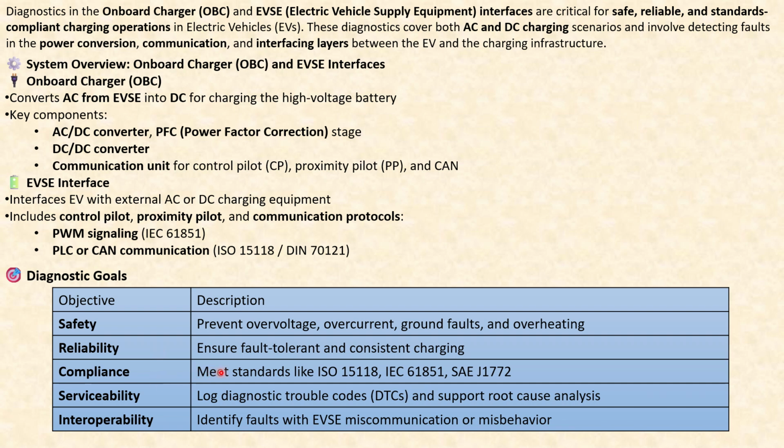Compliance: meet standards like ISO 15118, IEC 61851, SAE J1772. Coming to serviceability: log diagnostic trouble codes and support root cause analysis. And when it comes to interoperability, identify faults with EVSE miscommunication or misbehavior. So these are the various diagnostic goals and their respective descriptions.